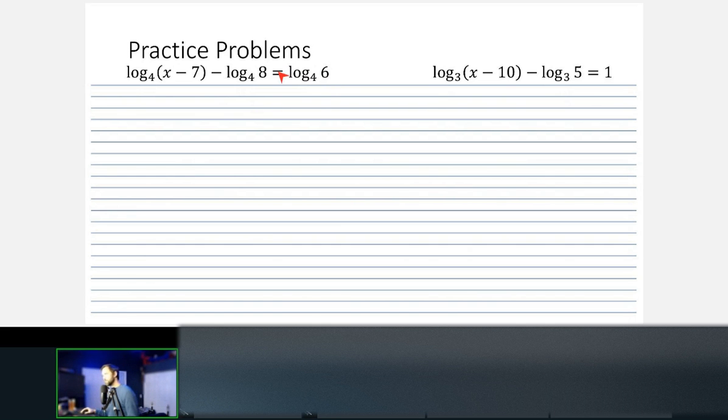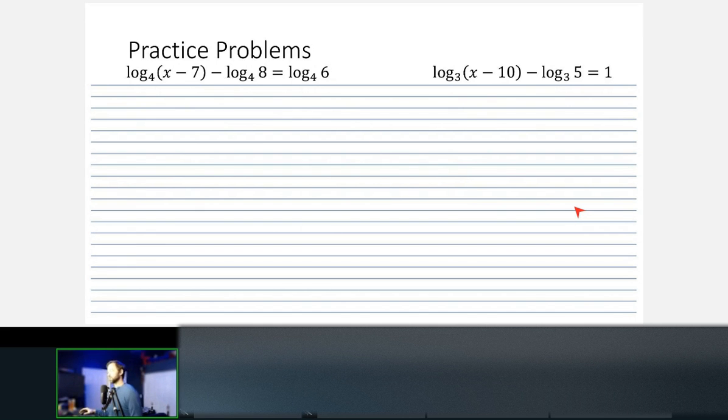Now, using the properties that we have learned, what looks easy to you? Not what's just obvious right now looking at it, but what do you think is going to be an easy approach to get a log on one side and a log on the other side using our properties?